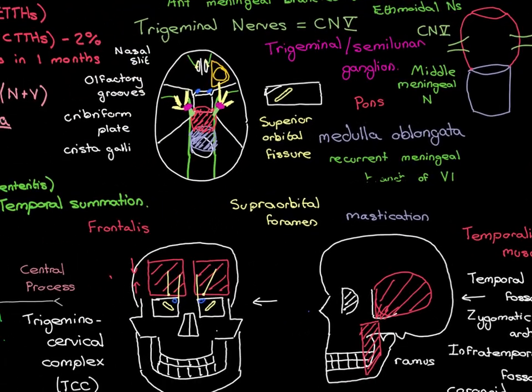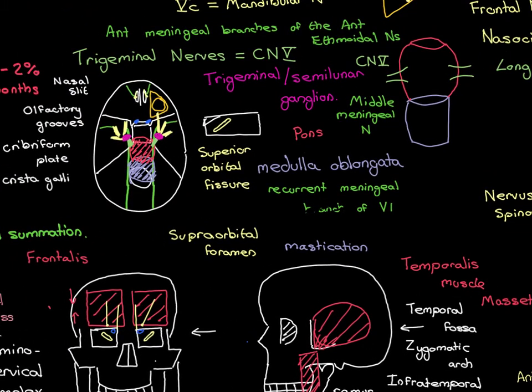Have I still got my picture of the fossae? No, I haven't. Somehow it managed to erase that. But previously I showed you the different foramina in the floors of the cranial fossae. Remember, we have foramen rotundum, through which the maxillary nerve went.